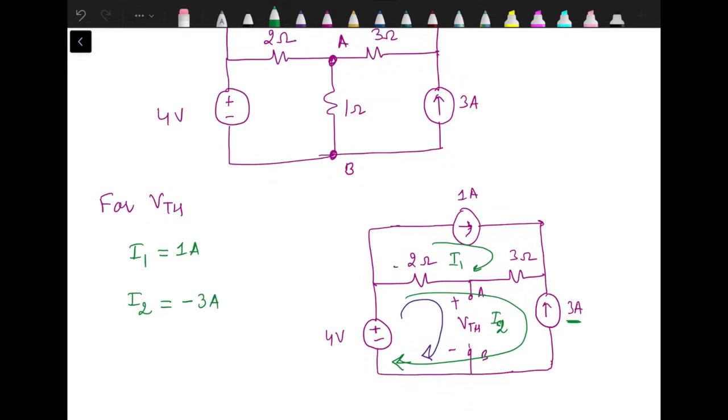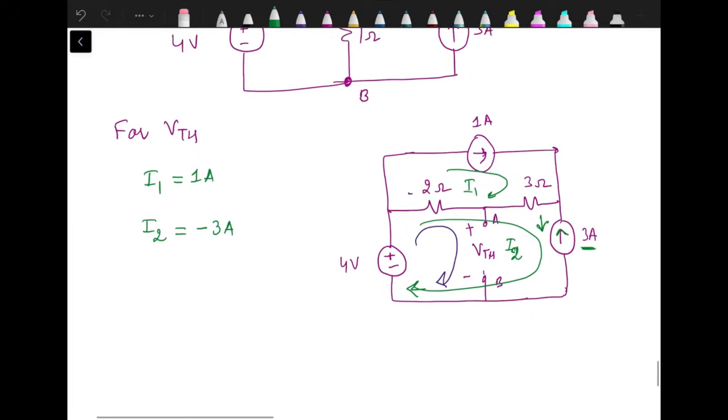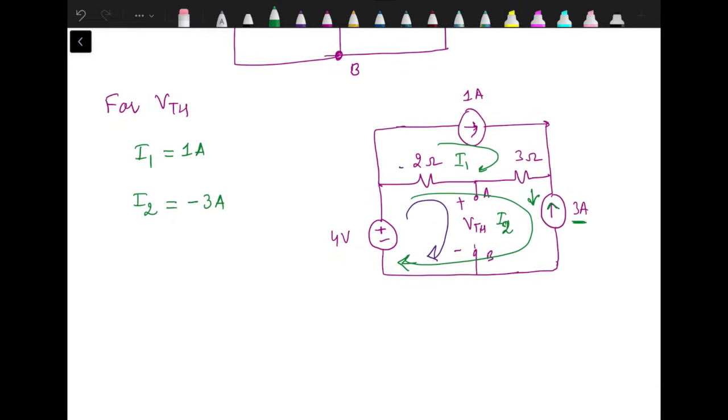Since I2 and 3 ampere current source are just opposite to each other, current I2 is flowing in downward direction while current source is supplying the current in upward direction. So once we have the value of I1 and I2, then we can have the current through this 2 ohm resistance, and then we can apply KVL to this open loop.